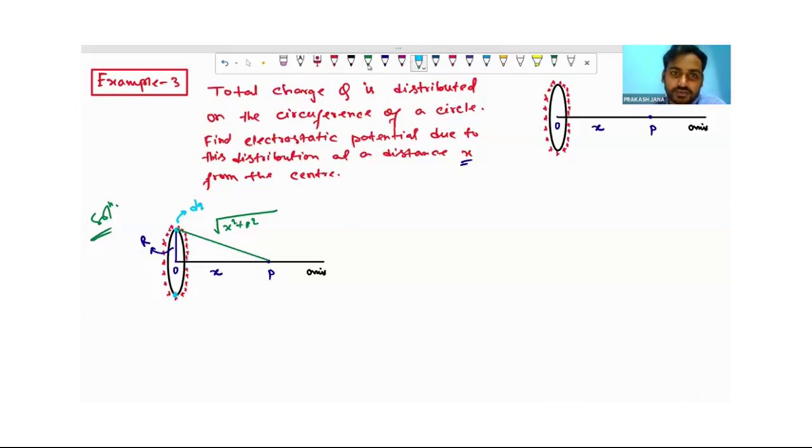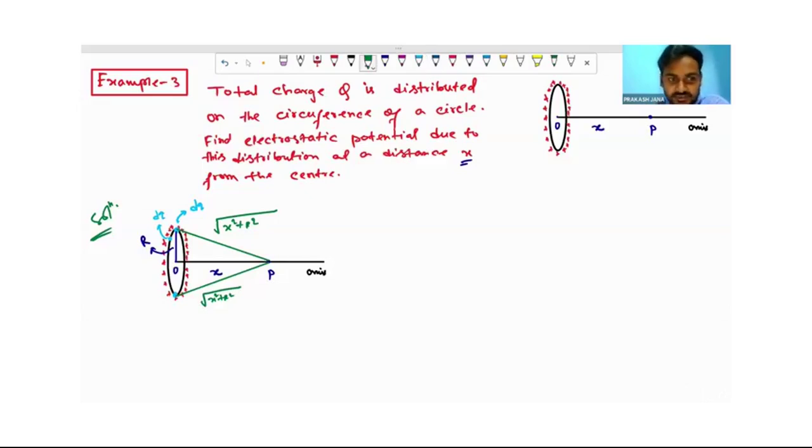This is also at a distance root of x square plus r square from the point P. This is also at the same distance, root of x square plus r square. Not only these two points, whatever be the point, at this point here also dq charge is there.